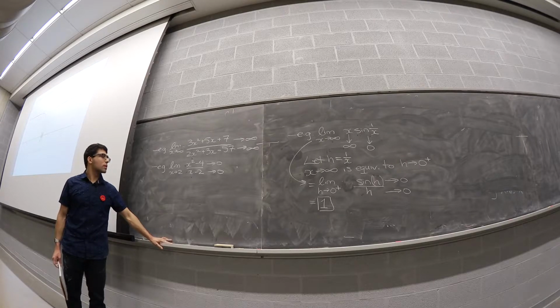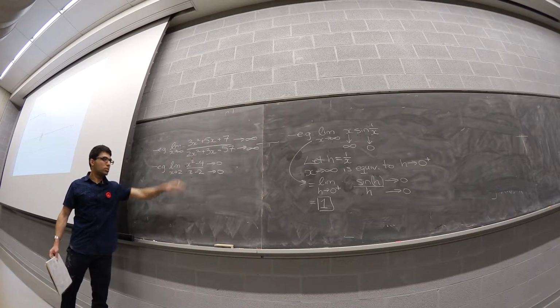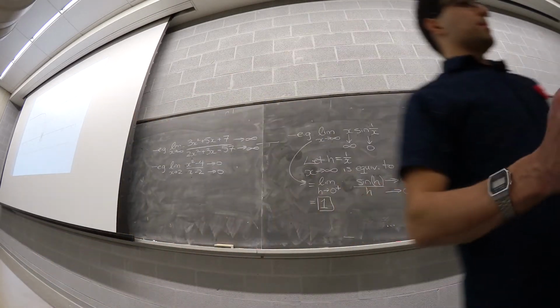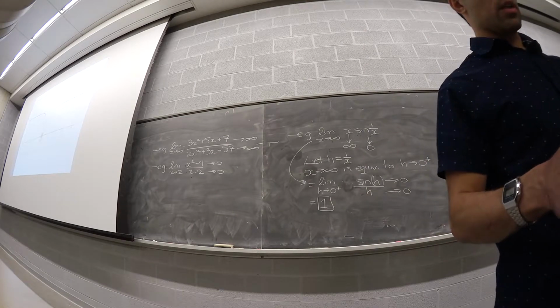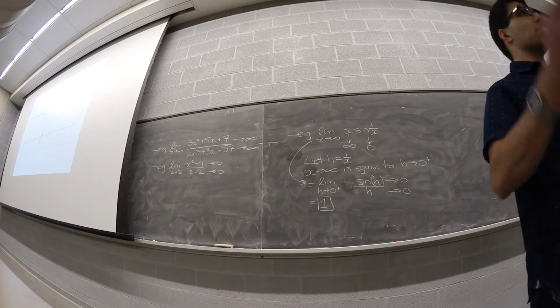Not twice, I think once is enough. Use L'Hopital once and you got your answer. Or, what can you do? You can just factor the top, do the division, and you got your answer that way. So whatever you feel like doing. So that's it. Only use L'Hopital when you're allowed, and even when you're allowed, sometimes you might not want to use it.